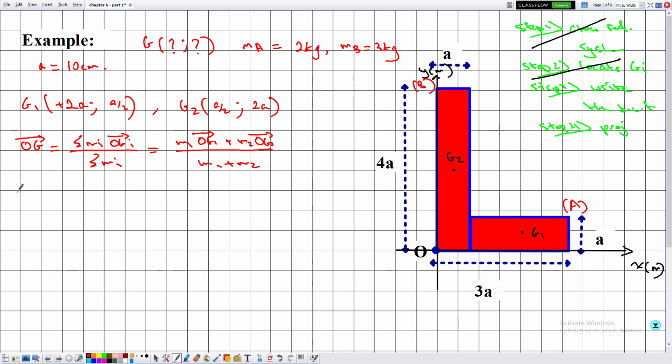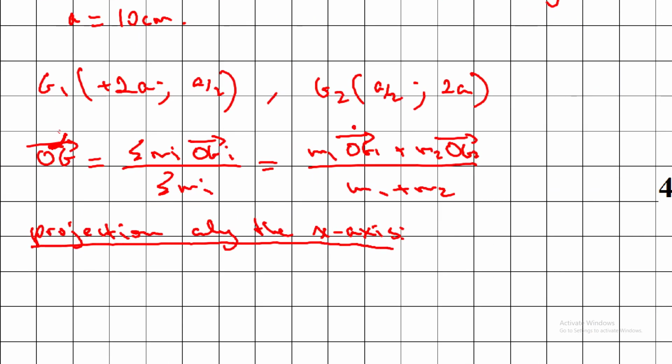Now let's do the projection along the x-axis. Then how do we project along the x-axis? Simply we get rid of the vectors, and each vector quantity will carry the label x.